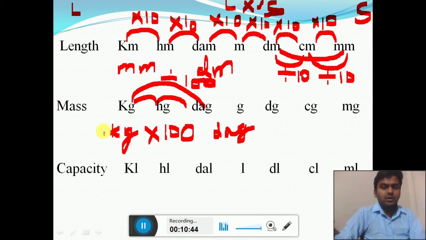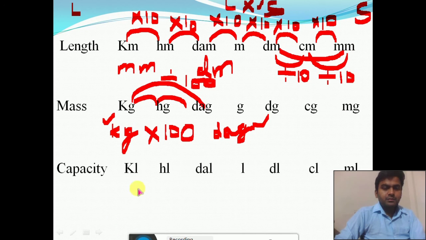When you want to change the kilogram into the decagram, it is DAM. Like this you can complete this diagram. When you convert a kiloliter into hectoliter, multiply by 10. So larger unit to smaller unit, multiply, and smaller unit to bigger unit, divide.